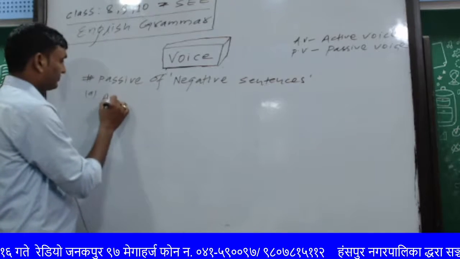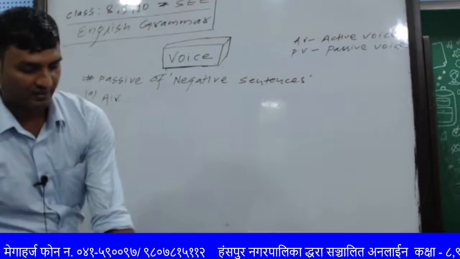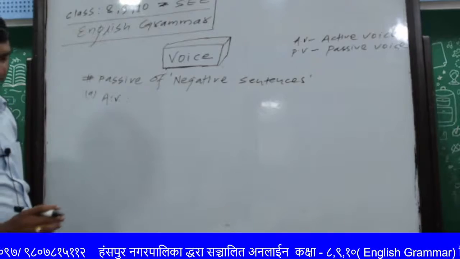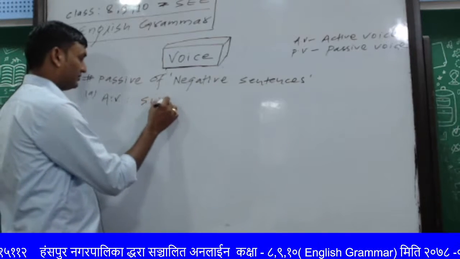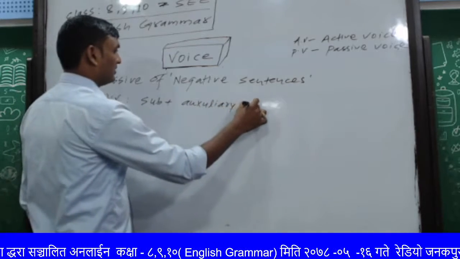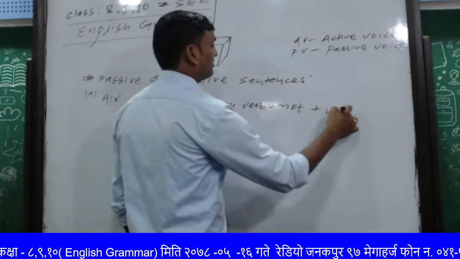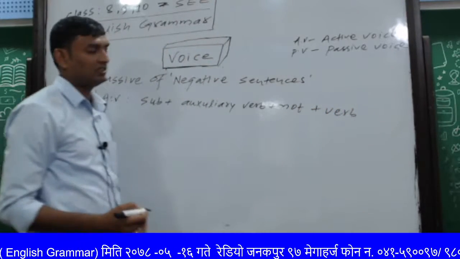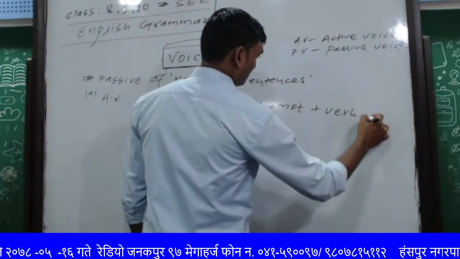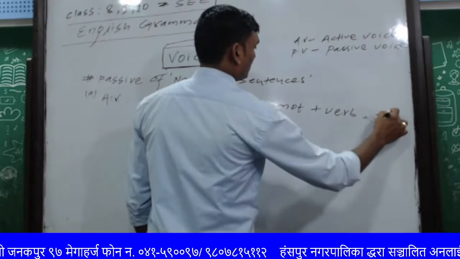AB here means auxiliary verb. The structure is subject plus auxiliary verb, after auxiliary not, then verb plus object.